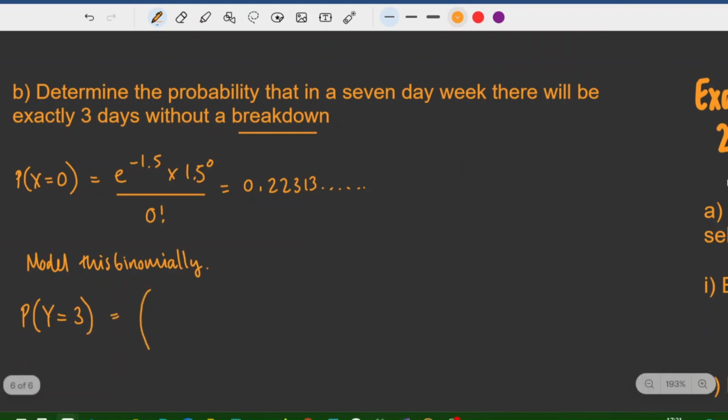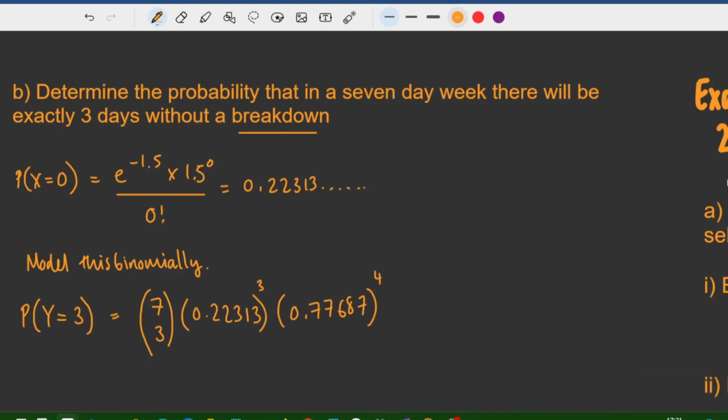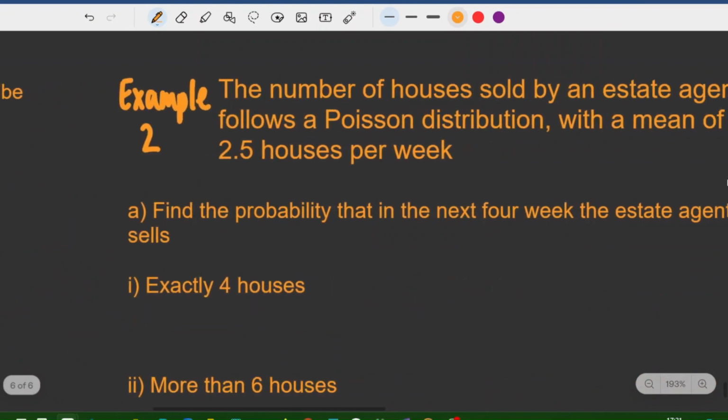And therefore, you use 7 choose 3, the probability of success to the power of 3, multiplied by 1 minus the probability to the power of 4, and remember these two powers have to add to the 7 days of the week. And this gives us 0.1416.